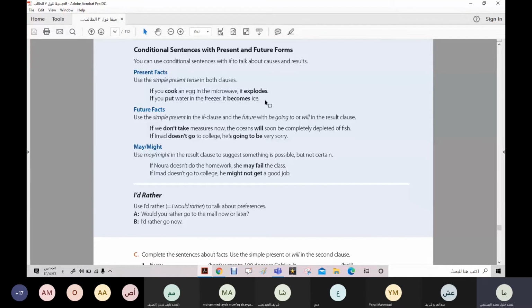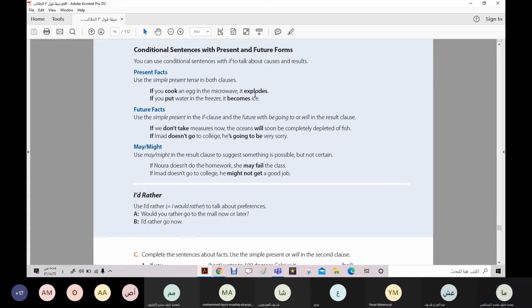In the second clause, if you cook an egg in the microwave, we cannot say it will explode. No, it explodes. No need to use will, because if you use will, it means it may happen or not. So with present facts, we use simple present in both clauses. After if we have simple present, the second clause must be simple present.